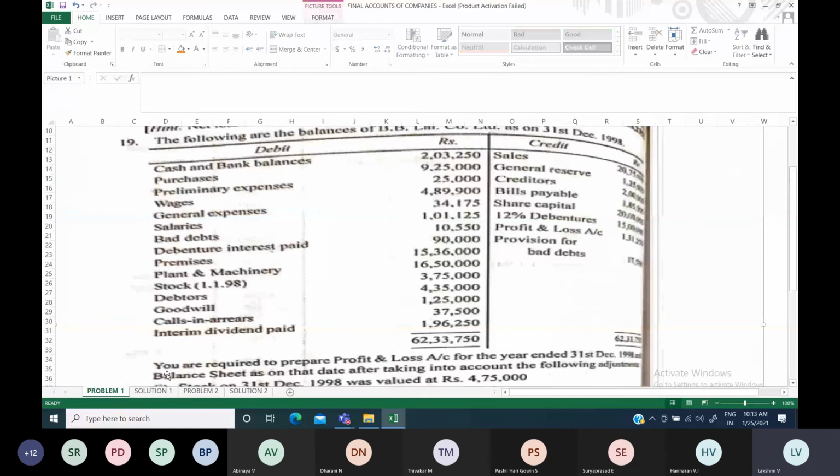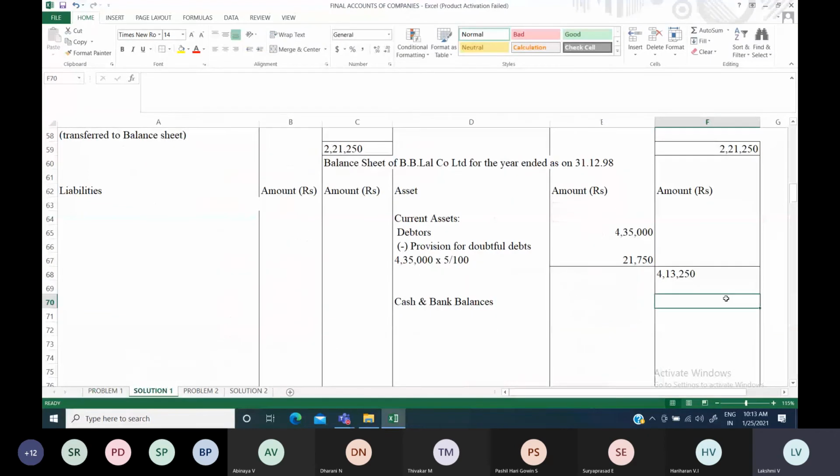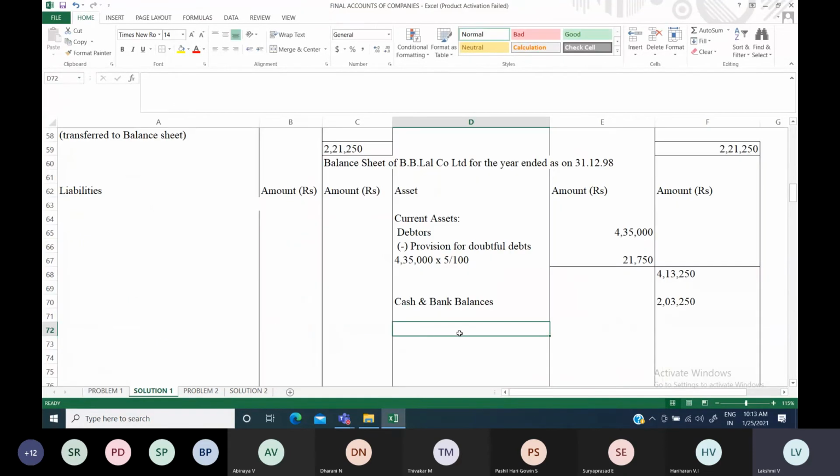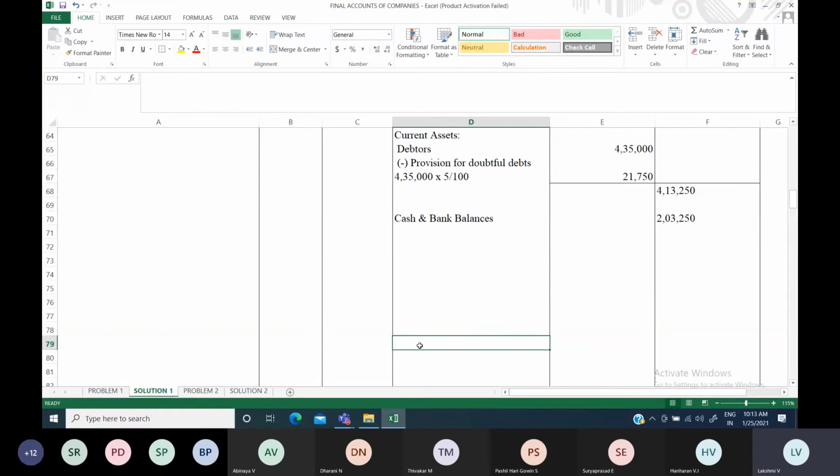Okay, and moving to the other items. Okay, preliminary expenses, actually under miscellaneous expenditure this item will be coming. So preliminary expenses you can just show under miscellaneous expenditure. You give some more space for current assets. Stock, closing stock will be there. So you can fill that one and come to preliminary expenses also.